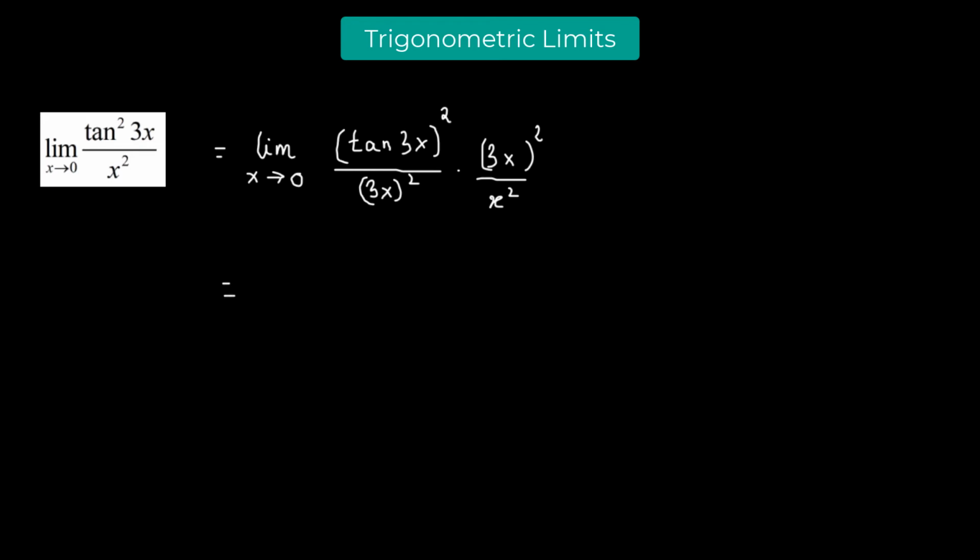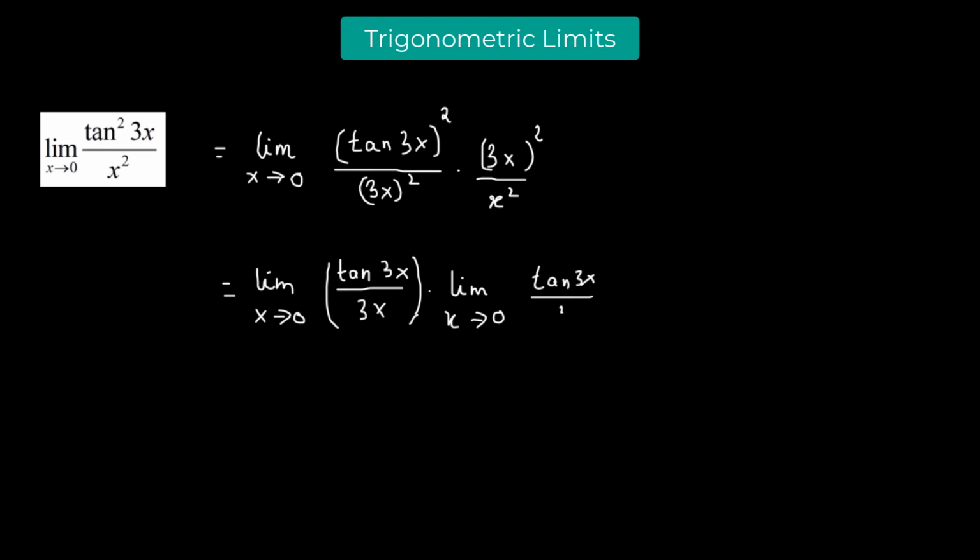Now this was done so that we can use the definition of tangent of 3x over 3x. Let me break it down. We have the limit as x goes to 0 of tan 3x over 3x, all squared, and we have 3x squared over x squared.